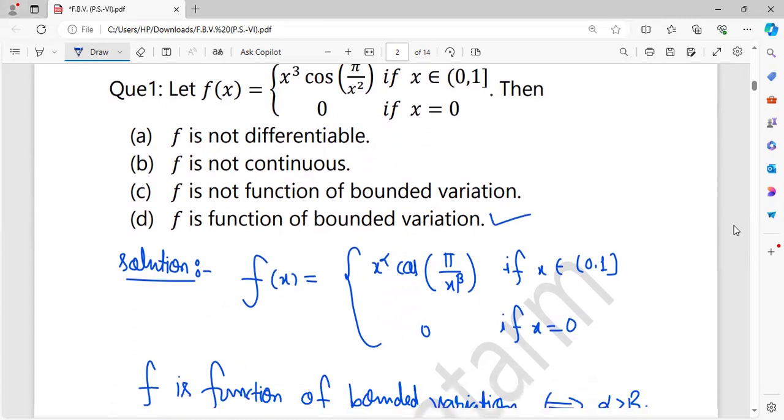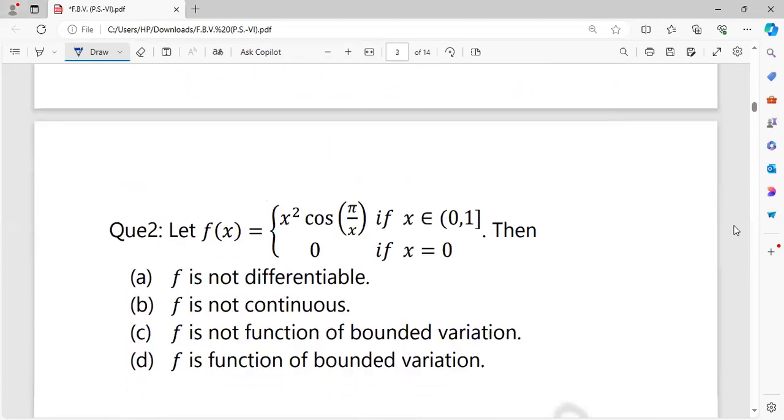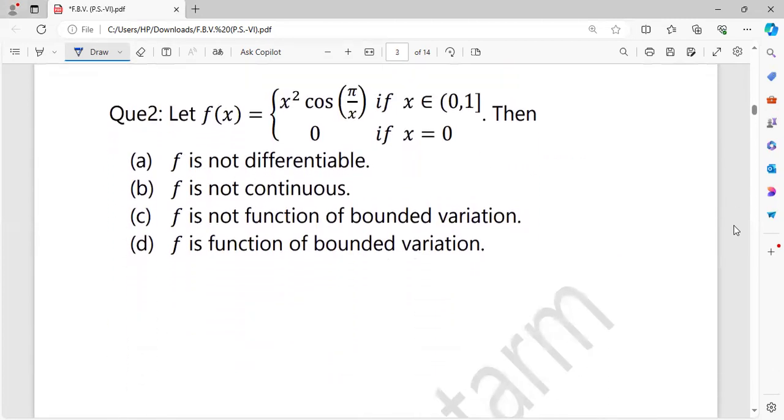Now move to the next question. This is the same question, only the alpha and beta values are changed. This function is differentiable, and you can check this function is also continuous. So options A and B are not correct. Either C or D is correct. Let's check it again. What is alpha here? Alpha is 2.